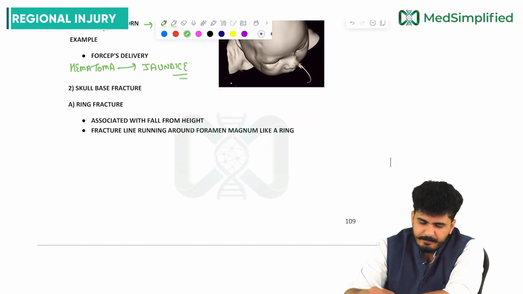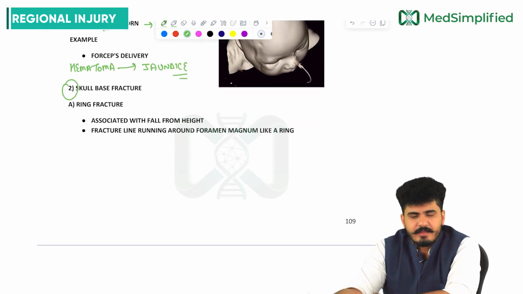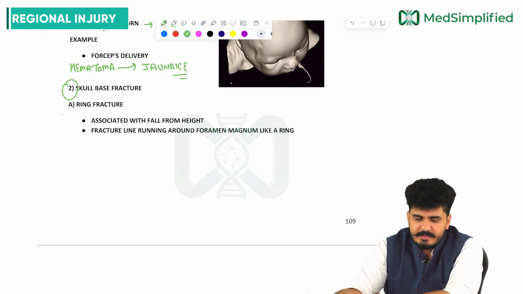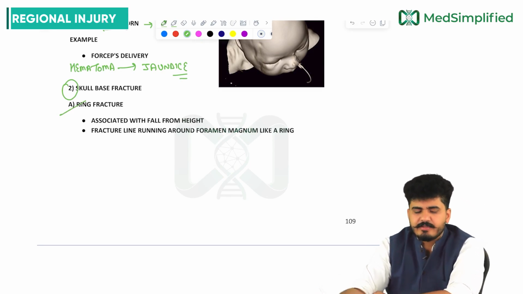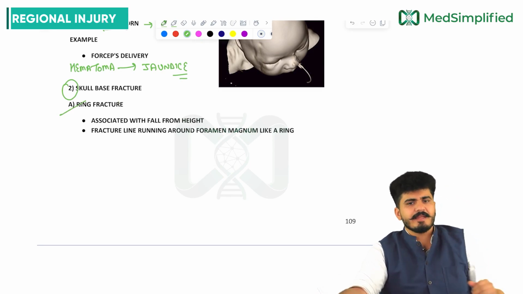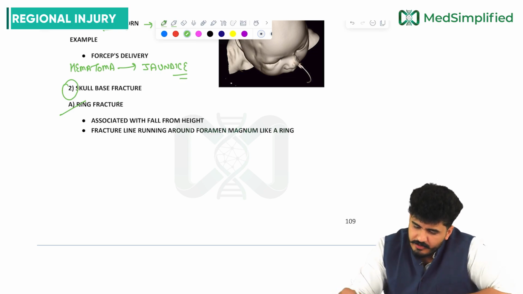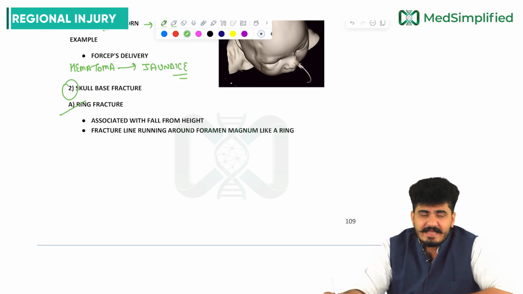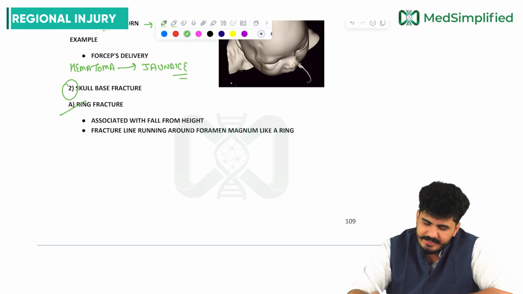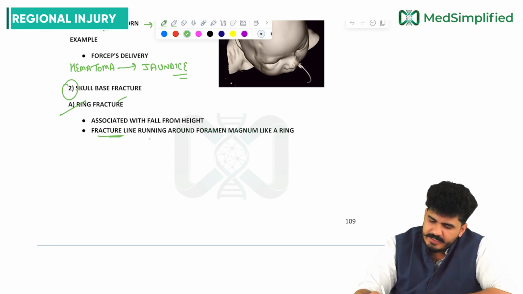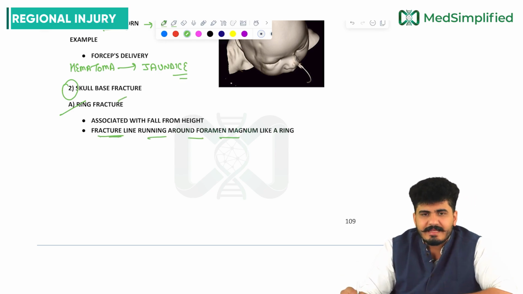Now there will be skull base fractures, my dear friends. In the skull base, the number one fracture we are going to study is the ring fracture. It is associated with a fall from height. In that scenario, you can encounter the ring fracture. The fracture line runs around the foramen magnum like a ring.